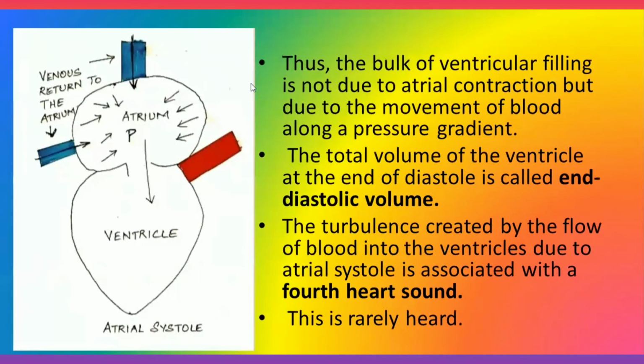Thus, the bulk of ventricular filling is not because of the atrial contraction, as I have said earlier. This is due to the movement of blood along the pressure gradient only. We must not misunderstand it. The total volume of the ventricle at the end of diastole we call the end diastolic volume.